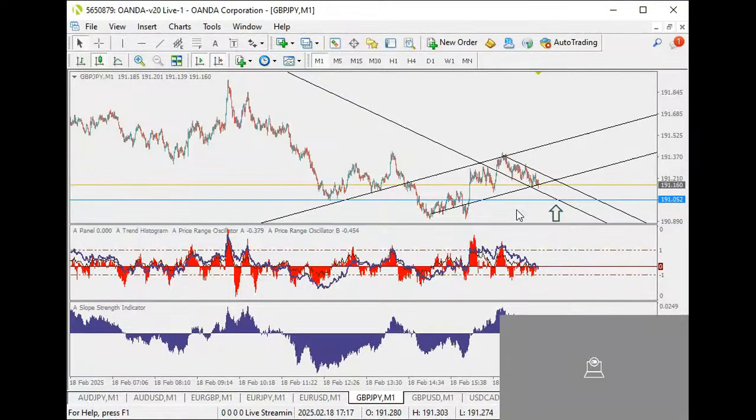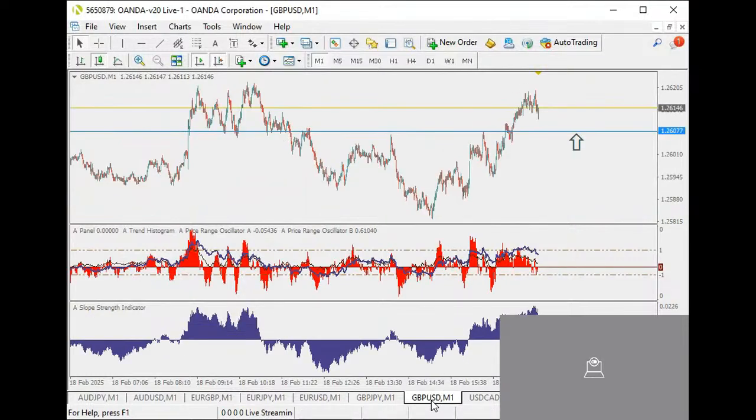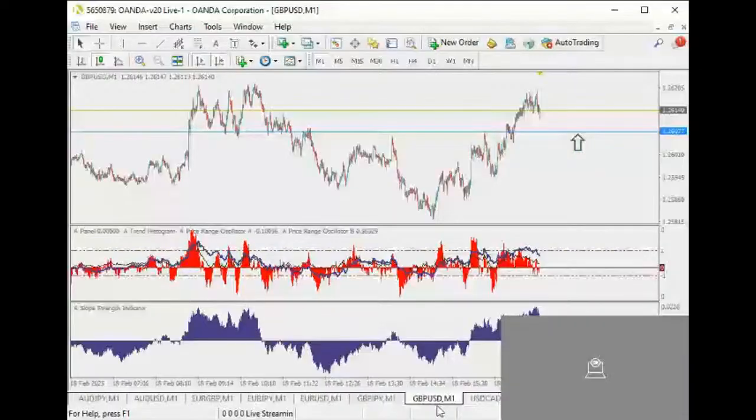All right, going on to, oh, look at the British pound US dollar. The cable US dollar, the support level has risen.